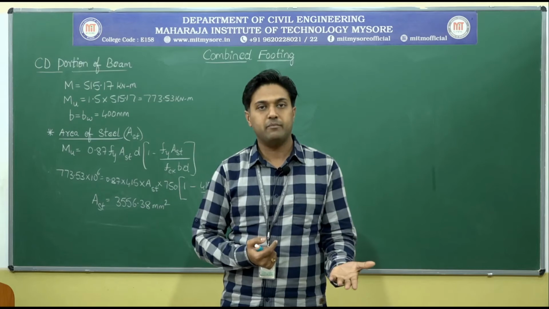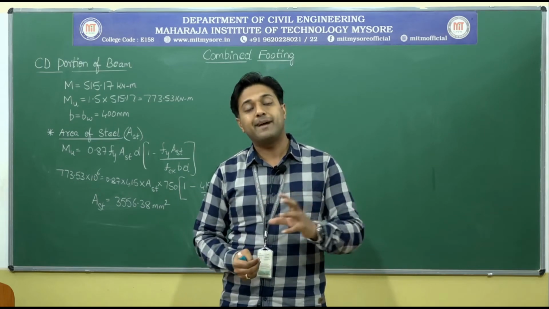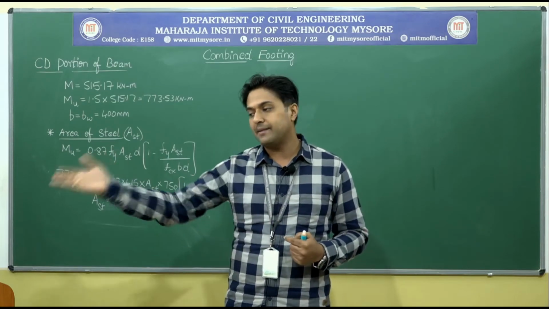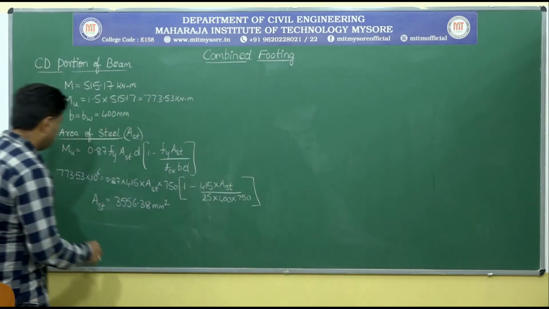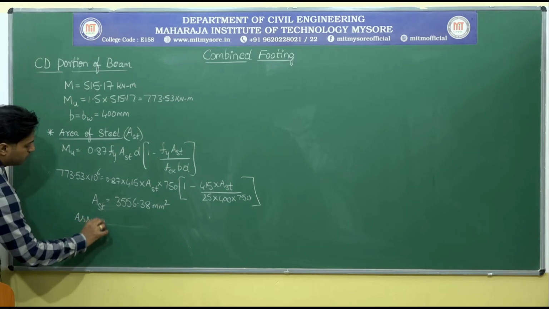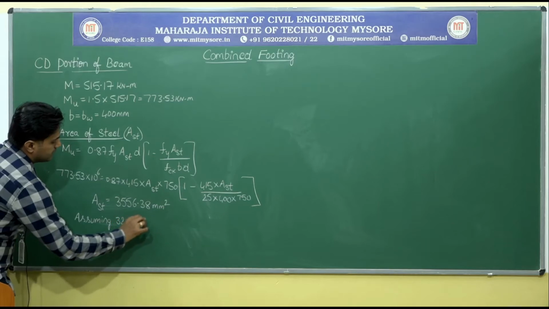Just try out 25 mm. If the number of bars coming is too much, then we'll go with a higher value. But here, as I have the ready value, I will be taking 32 mm. So assuming 32 mm dia bars.